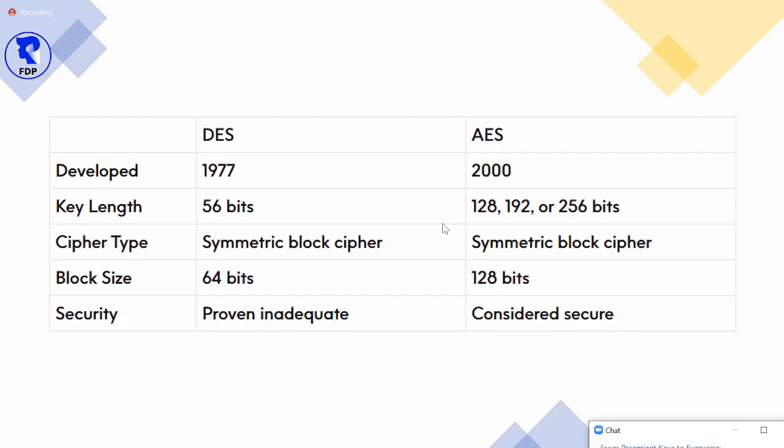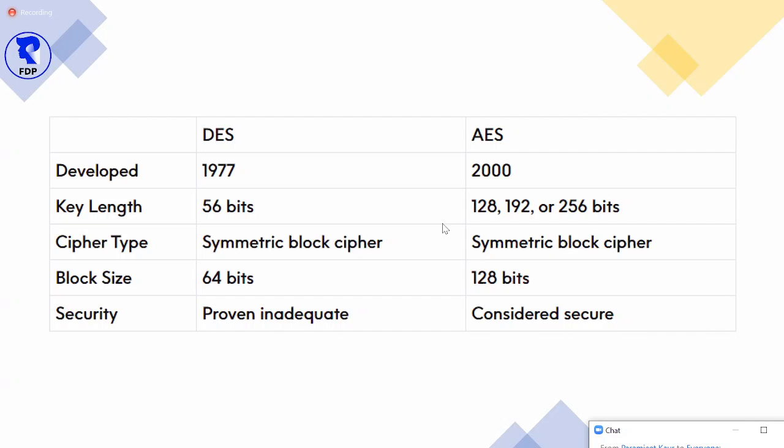They use AES 256, and many other cloud providers do too, and it has become a de facto standard, right? DES has been phased out, and it has been proven inadequate because of the computational power which exists right now in the world.